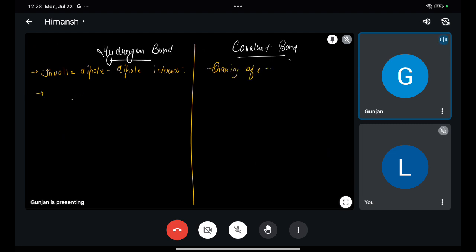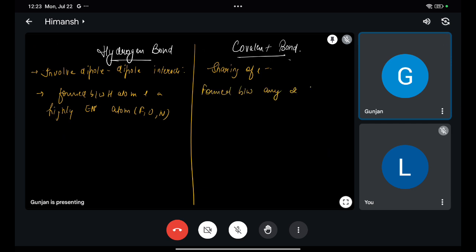Here, hydrogen atom and a highly electronegative atom like fluorine, oxygen and nitrogen, which can form between any two electronegative atoms, which may be the same or different length.